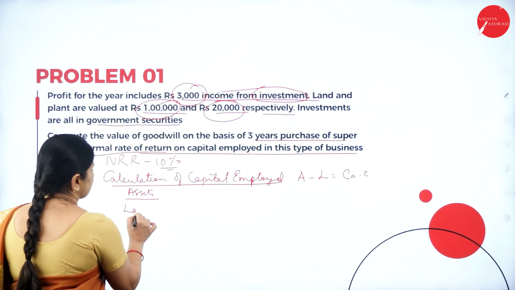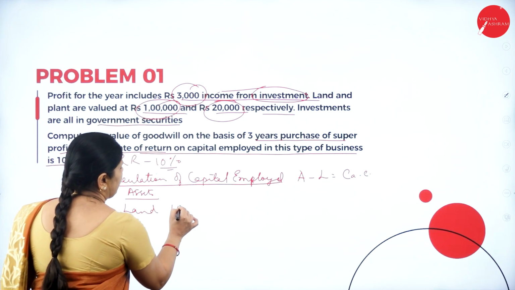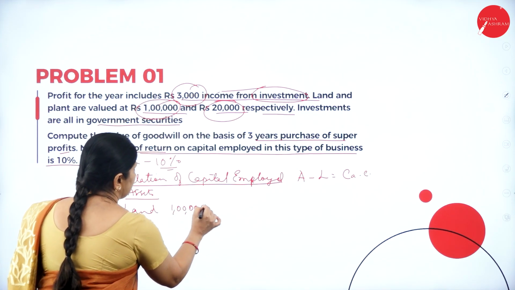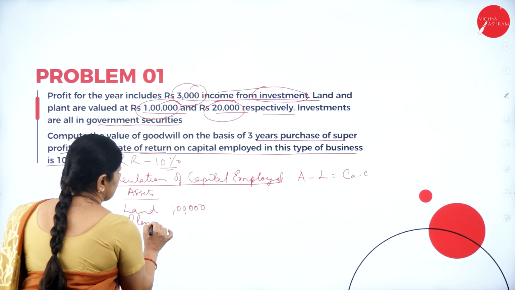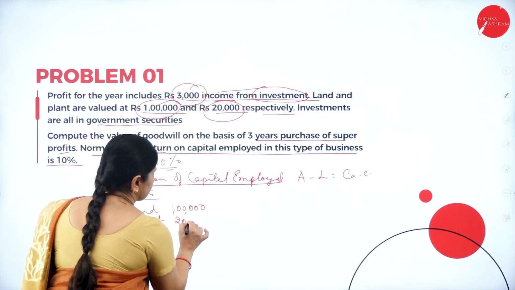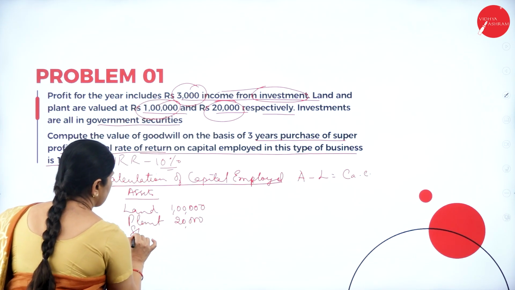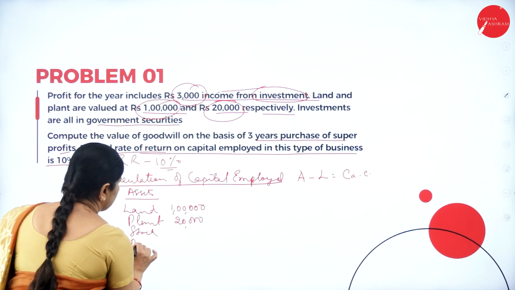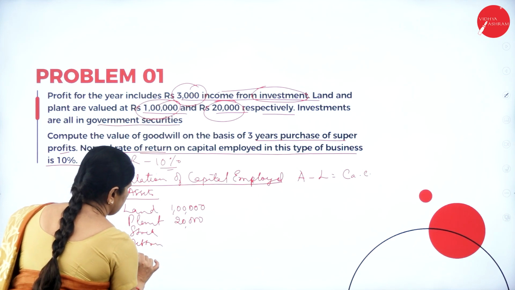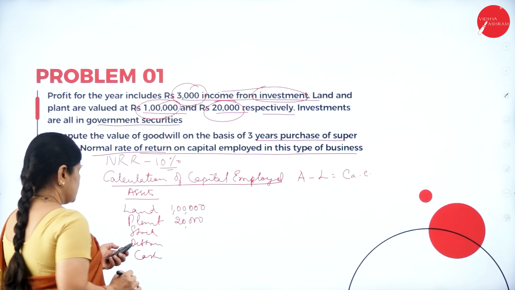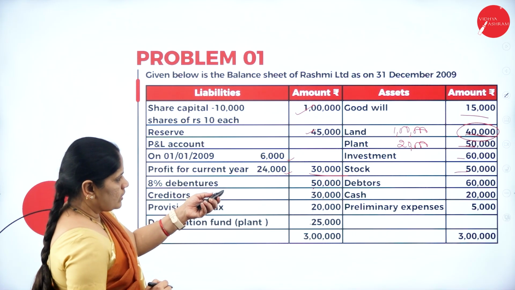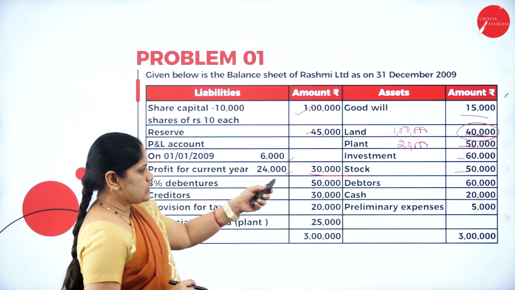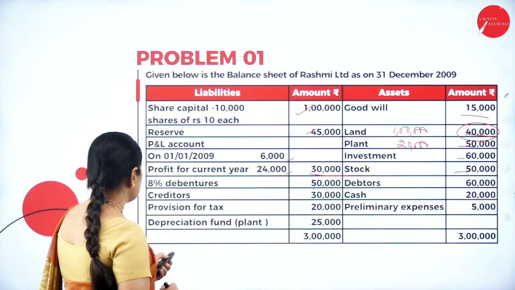So, land 1 lakh, then plant 20,000, stock, debtors, cash. If we can see here, what is the stock value? 50,000, 60,000 and 20,000.